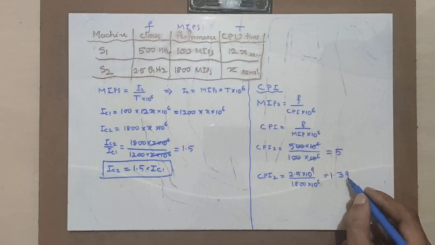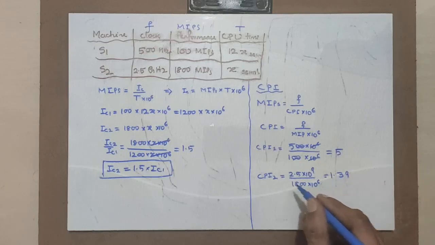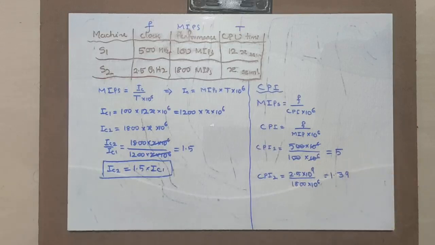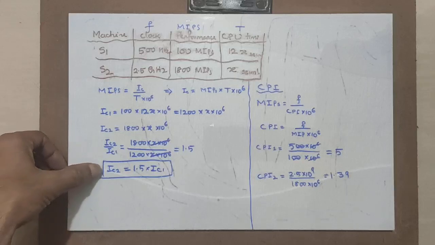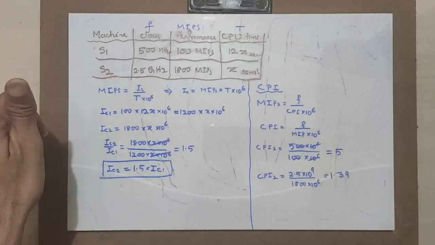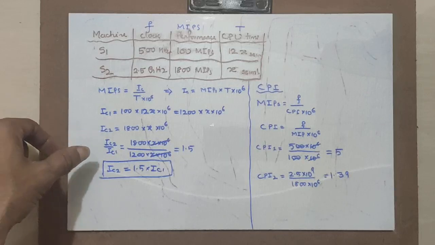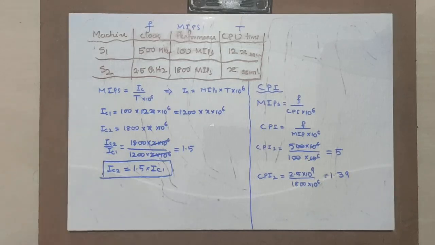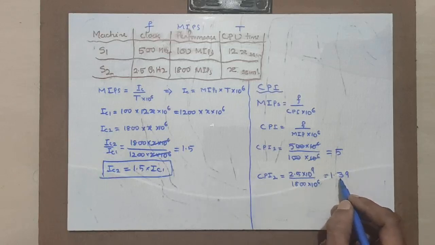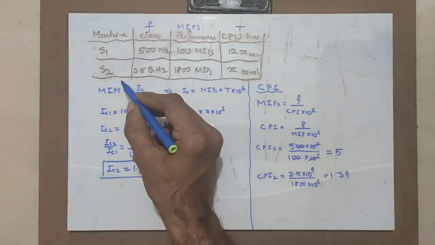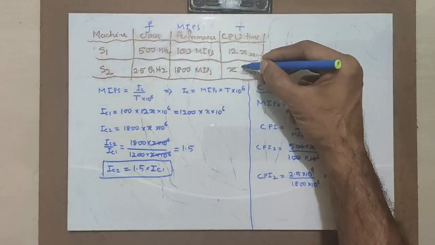If you roughly estimate this, you can see that cycles per instruction for the second machine is very small compared to this. The second machine has a larger instruction count, but the cycles per instruction is very small, 1.39.